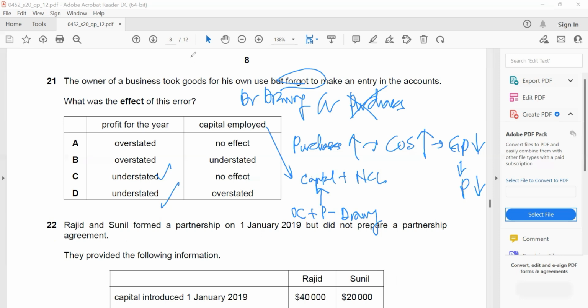So now we have that profit understated, this one understated, but this one drawing also forgotten to do. So this one also understated. Both understated, let's say understated by 500. So 1 plus 1 minus become 0. So there is no effect. So the answer should be C. Okay, now let's continue.